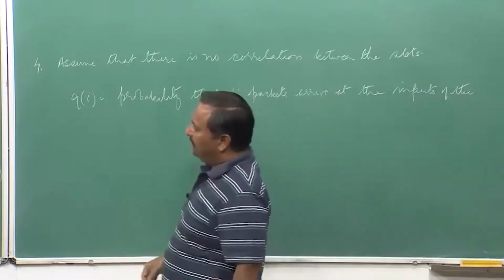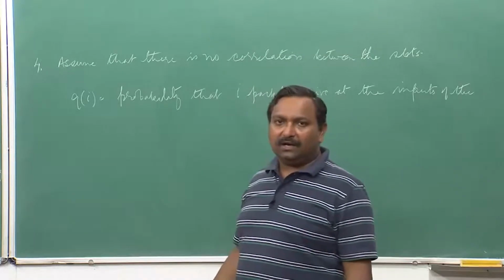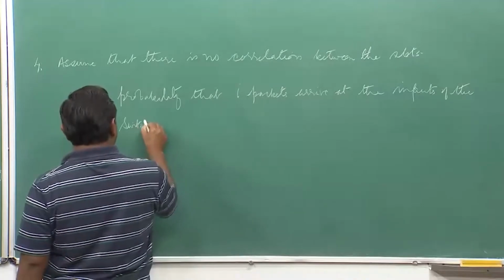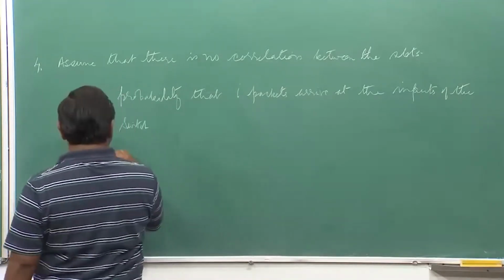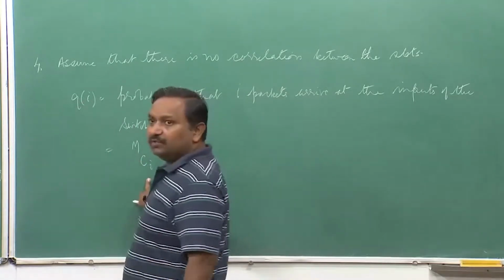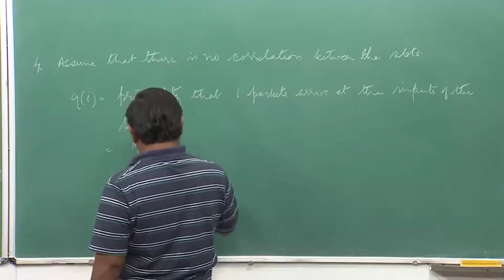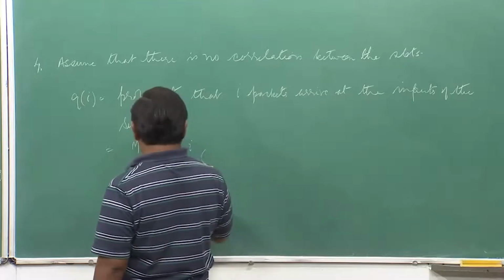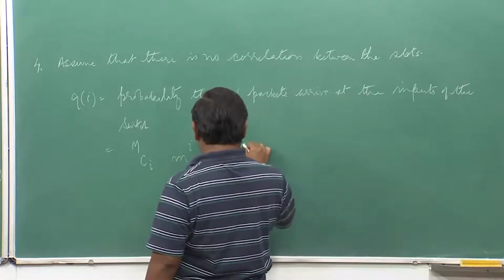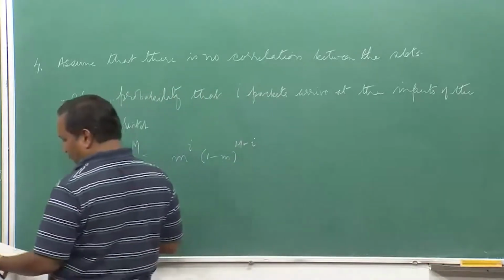The remaining m minus i inputs have no packet arrival. So, this probability normally will be given by m choose i. m is the number of inputs, out of which only i inputs are going to have packets, and this happens with probability m, the arrival probability, and with 1 minus m there is no arrival. So, this will be to the power m minus i. That will be the probability.